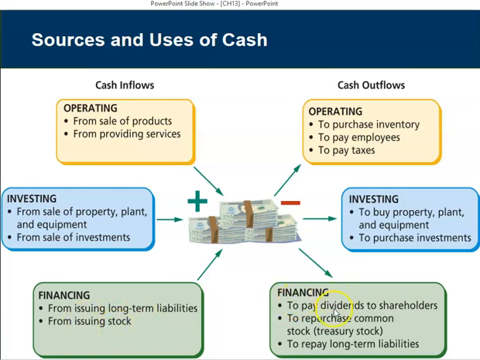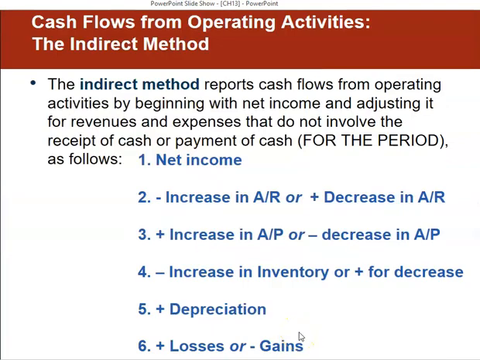Financing outflows: paying dividends to shareholders of the company. Treasury stock is another concept that you're going to get into in your next class, but that's when a company buys back its own stock. And then to repay long-term liabilities. So in other words, we borrowed money from the bank over here. Now we're going to repay it here. So inflow, outflow. All right.